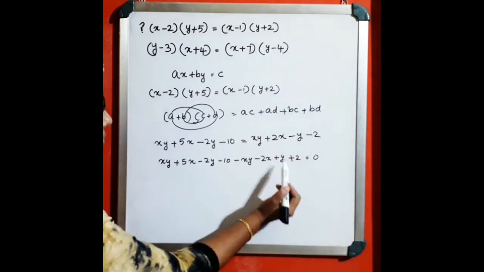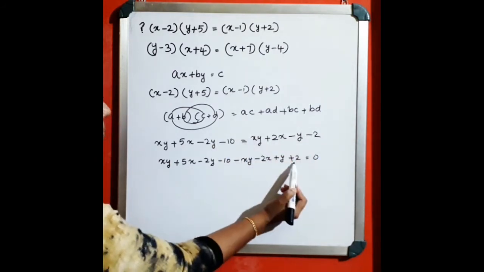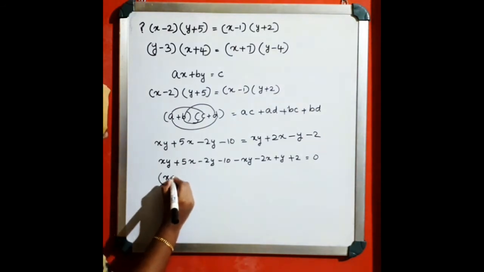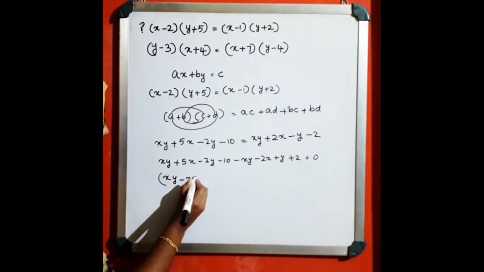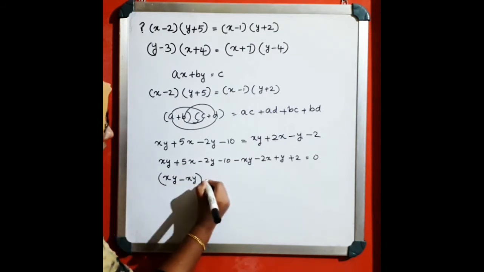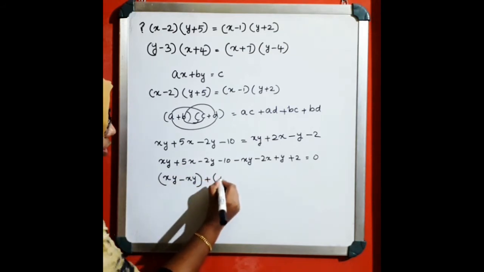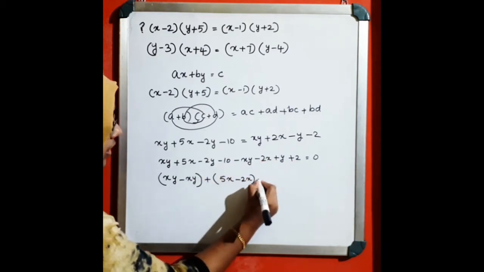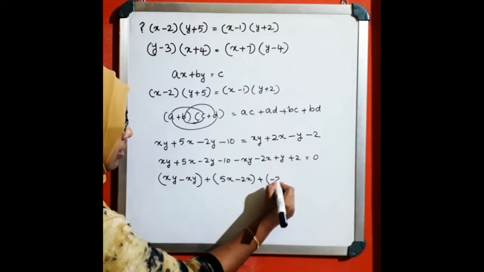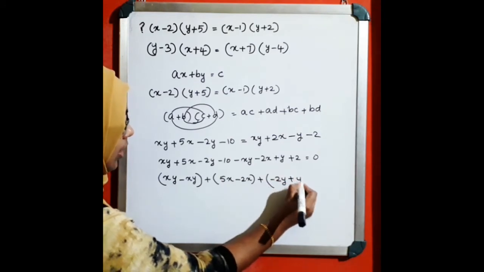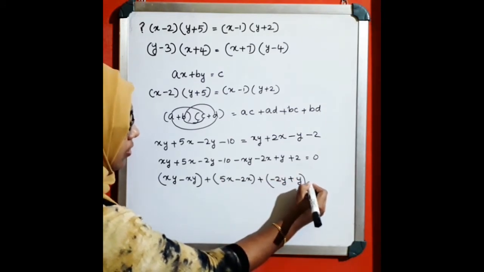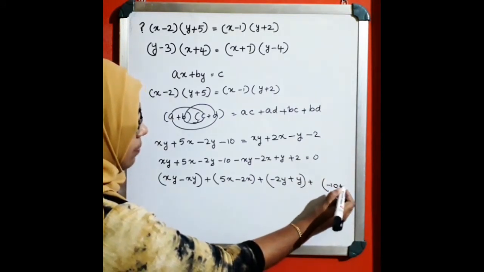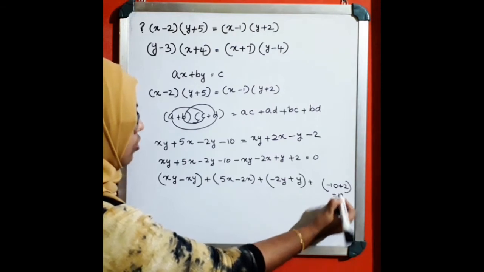Also minus y becomes plus y and minus 2 becomes plus 2. So the equation becomes xy minus xy, and the x terms are plus 5x minus 2x, and the y terms are minus 2y plus y. Then the constant terms are minus 10 plus 2 equal to 0.